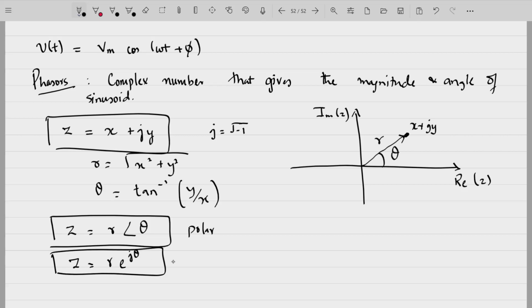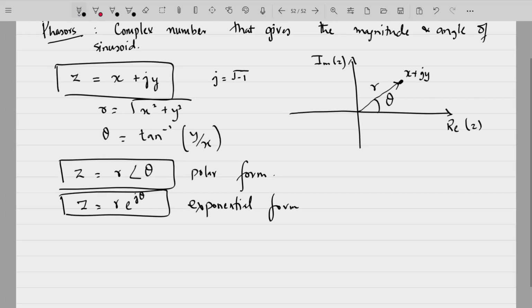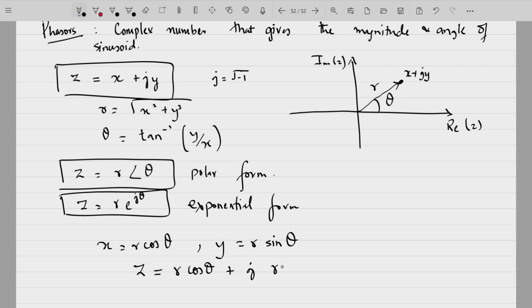This is the exponential form of the complex number. We also know for a complex number that x is simply r cos theta and y is nothing but r sin theta. Therefore, you can also write z equal to r cos theta plus j times r sin theta.